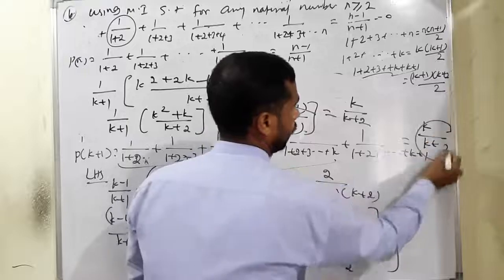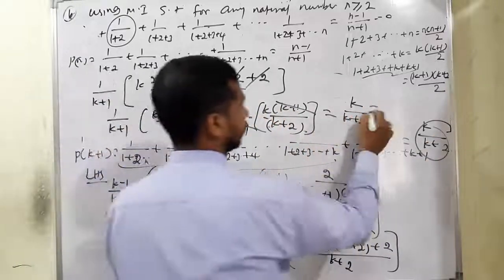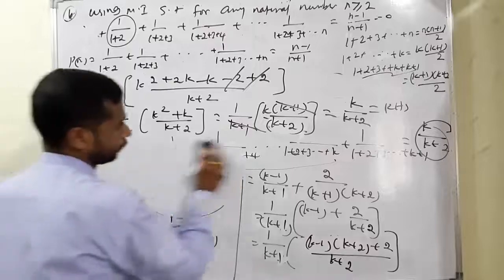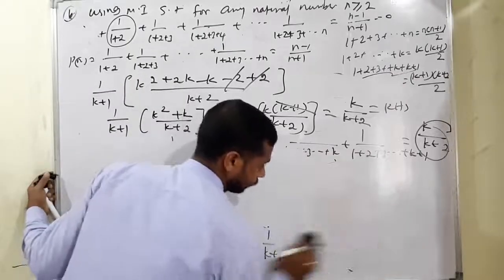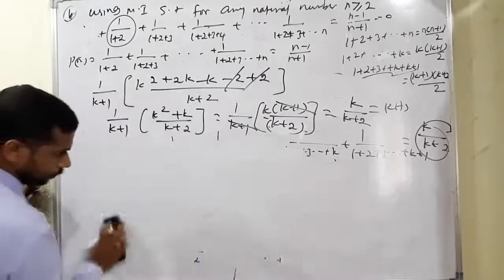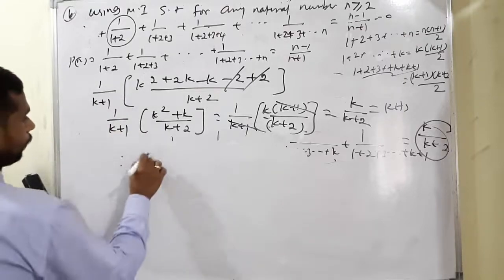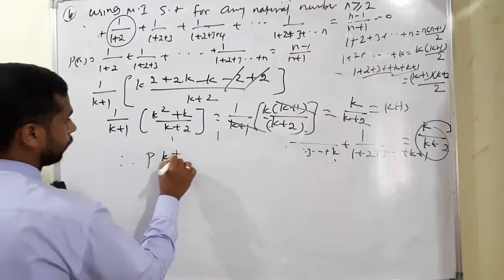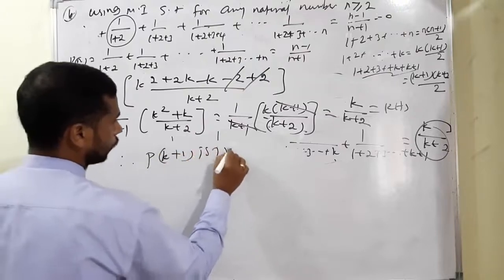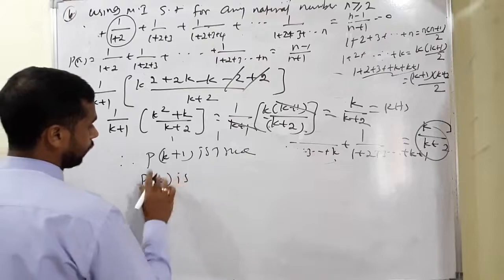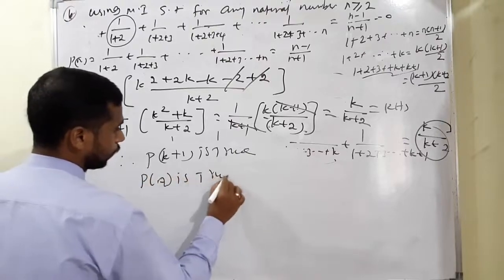We have to show k by k plus 2. This is called RHS. Therefore P of k plus 1 is true. So P of k plus 1 is true means definitely we can say P of n is true.